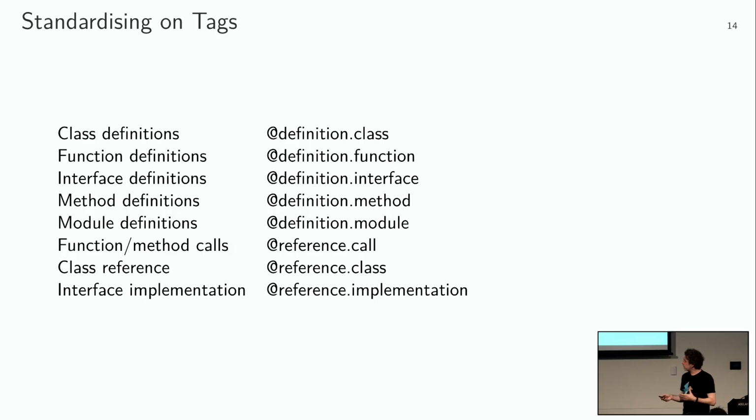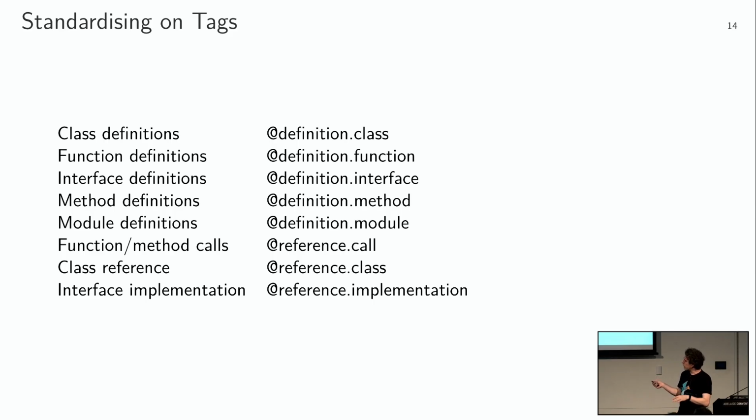So you saw previously where we did lots of arbitrary names in queries when we're searching for things. The TreeSitter developers have decided to make a convention, and because lots of programming languages have lots of really similar constructs, it makes sense to have a convention on tag names, which is what they call these things.